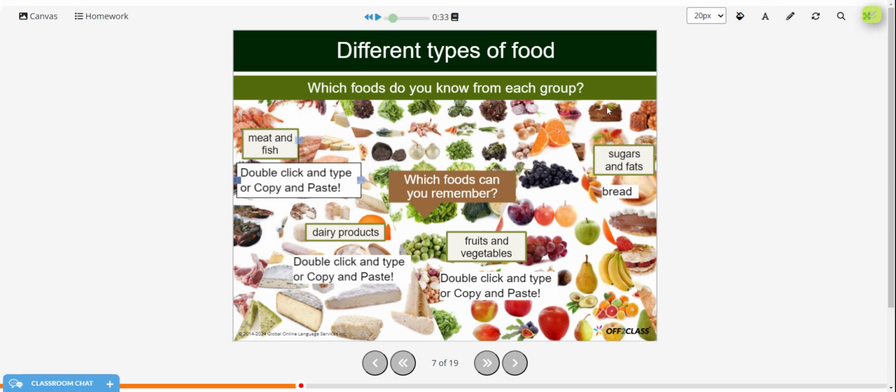Eggs, okay, where would eggs go? Meat and fish, dairy, fruits and vegetables, sugars and fats. Well, usually eggs are considered dairy products.